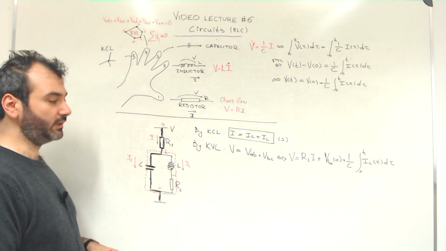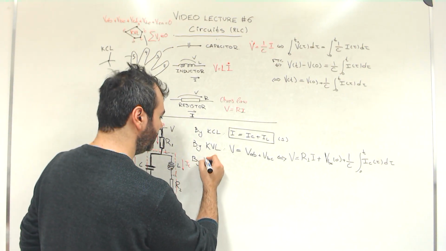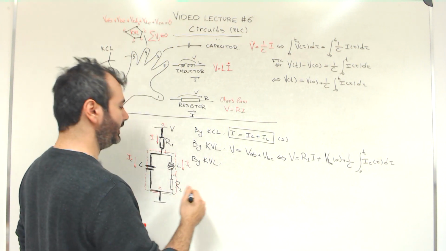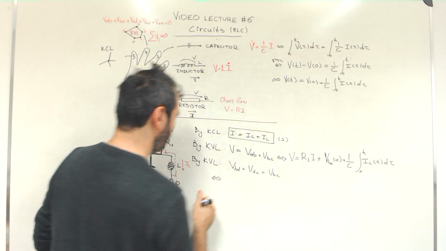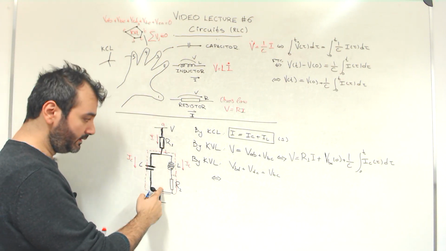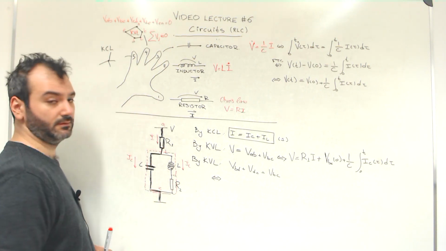And one thing I can do here is invoke KVL again, and I can write that the voltage from here to here is the voltage from here to here and from here to here.